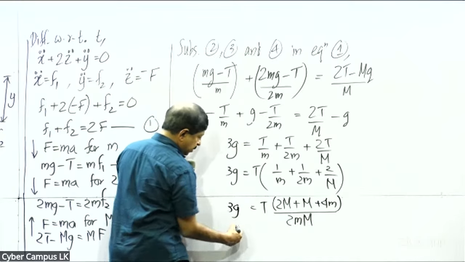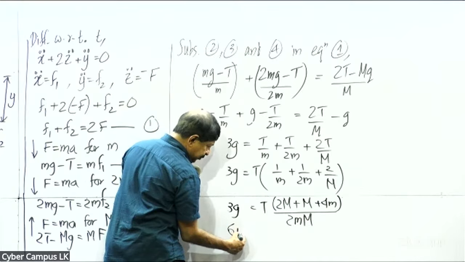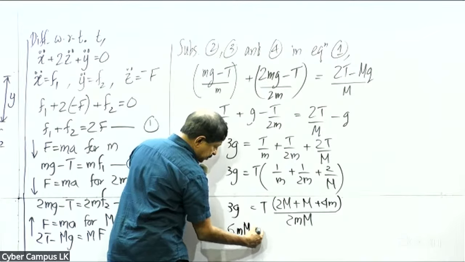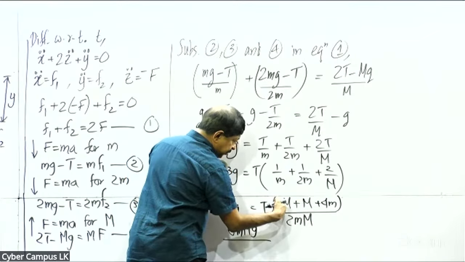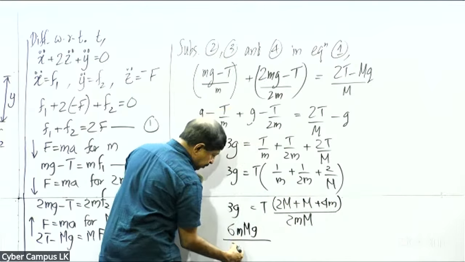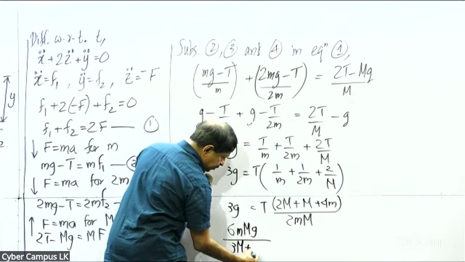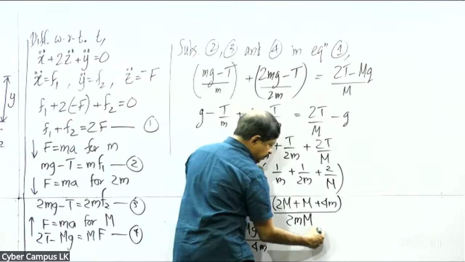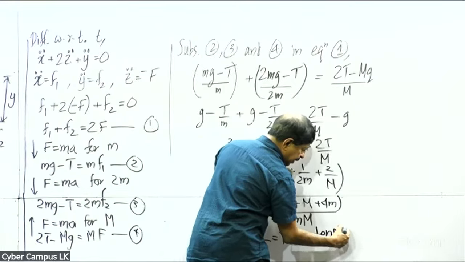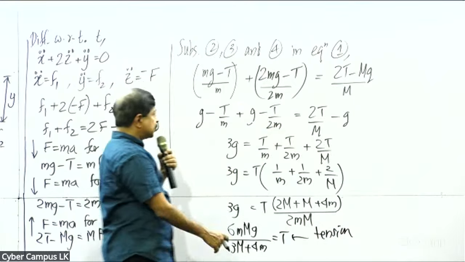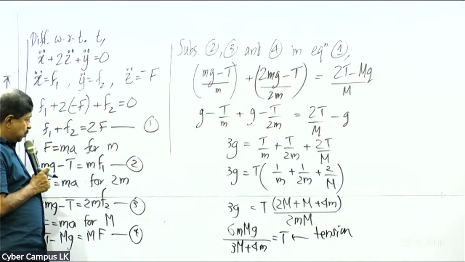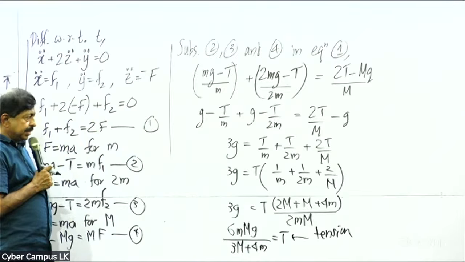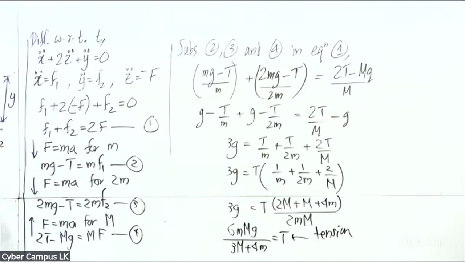Now cross multiply. 6 simple m, capital M g divided by this, 3 capital M plus 4m is T. So in one shot, you can find tension just by eliminating F or the accelerations. Right, you take that down. We'll do some examples.